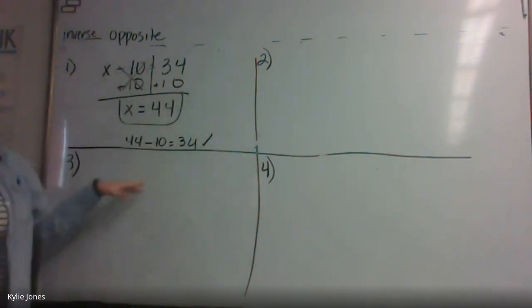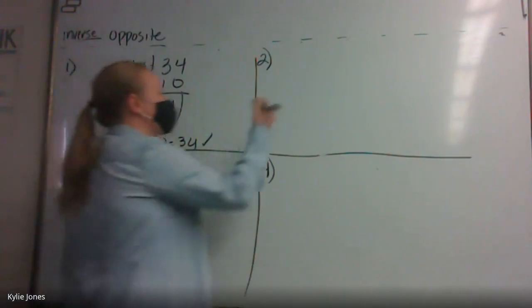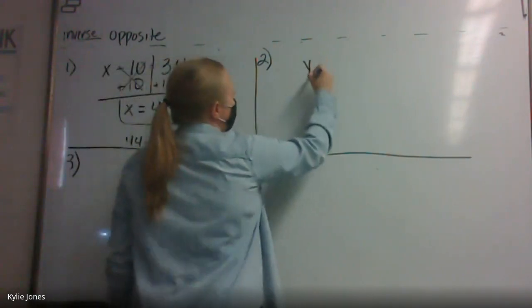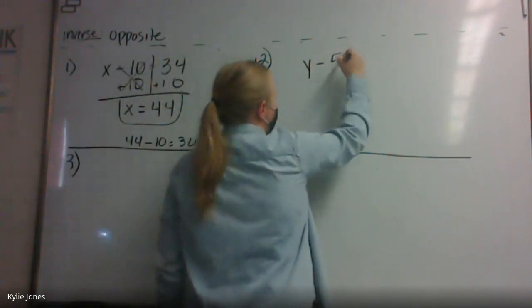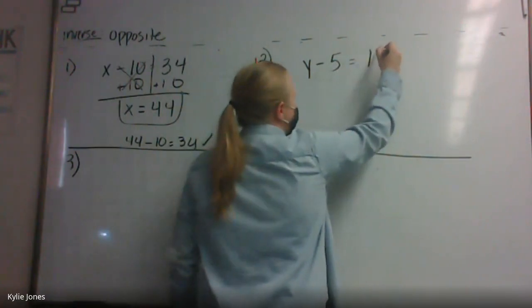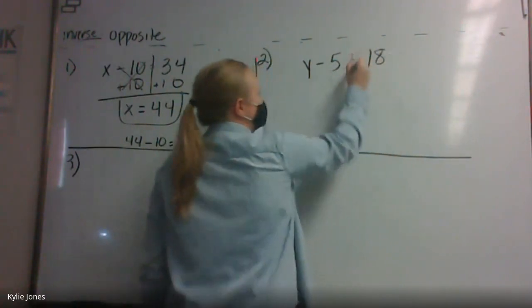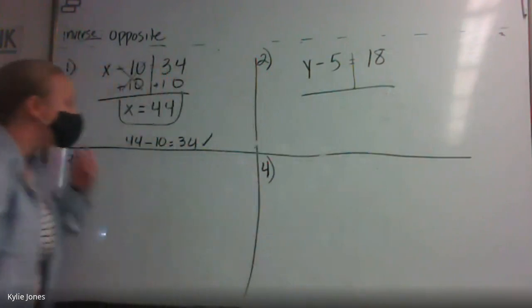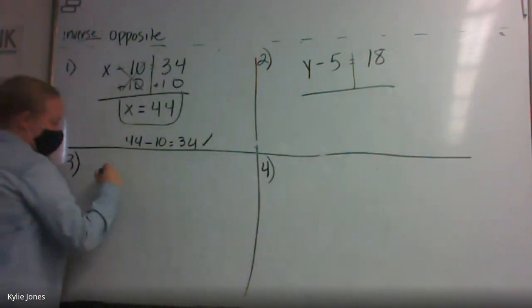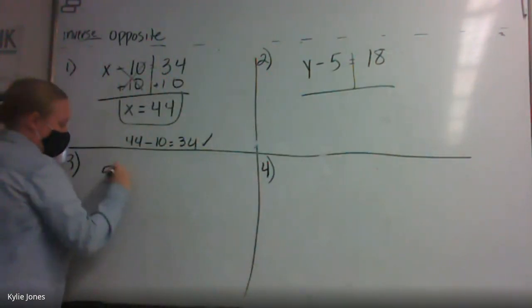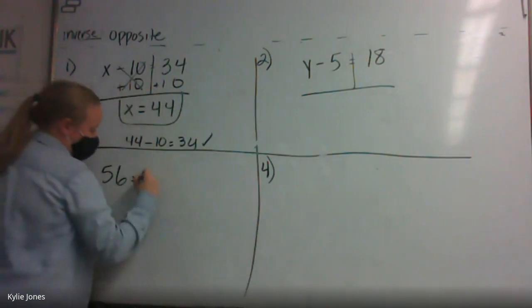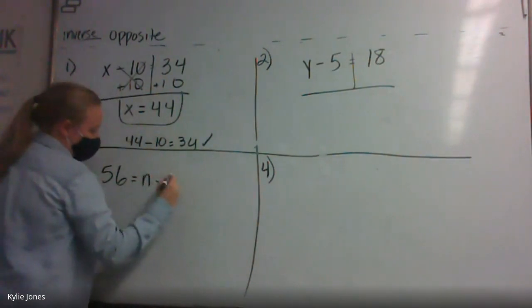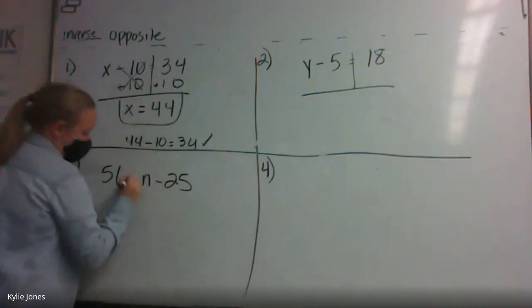I'm going to put 3 on the board for you guys to try. Okay? Let's do y minus 5 equals 18. And solve that one. 56 equals n minus 25.